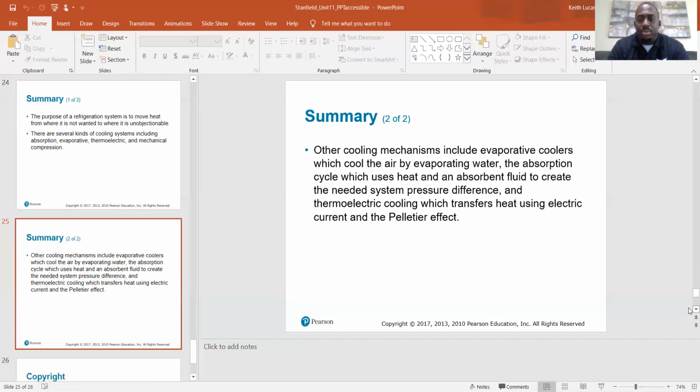Other cooling mechanisms include evaporative coolers, which cool the air by evaporating water, the absorption cycle, which uses heat and an absorbent fluid to create the needed system pressure difference, and thermoelectric cooling, which transfers heat using electric current and the Peltier effect.